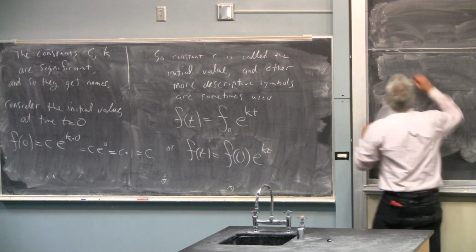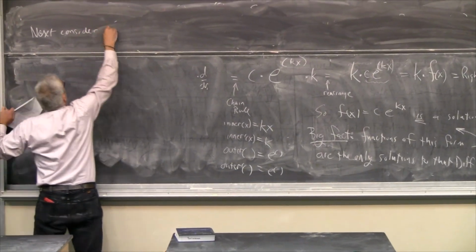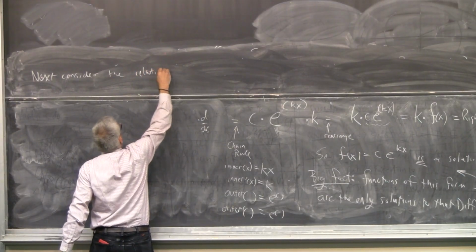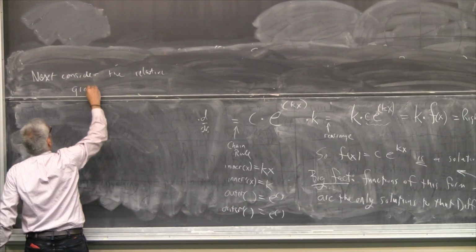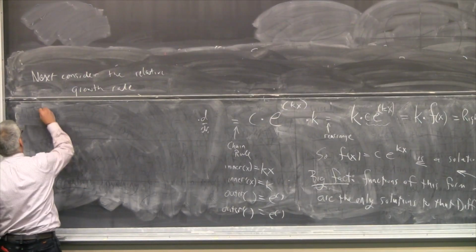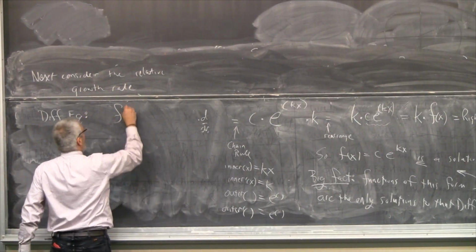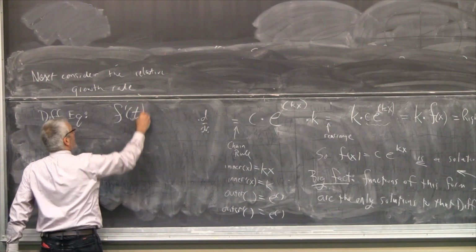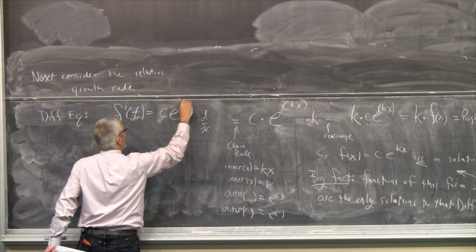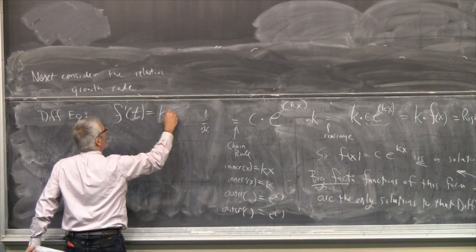Next, consider the relative growth rate. So we have this differential equation which says f prime of t equals k times f of t.